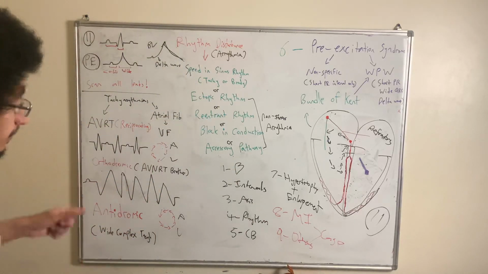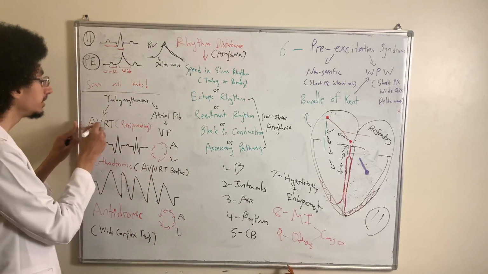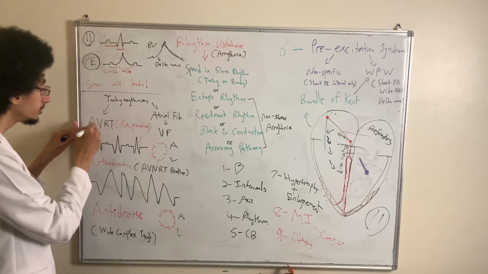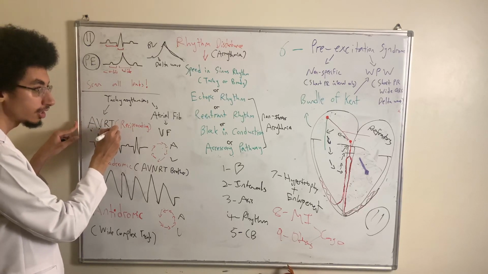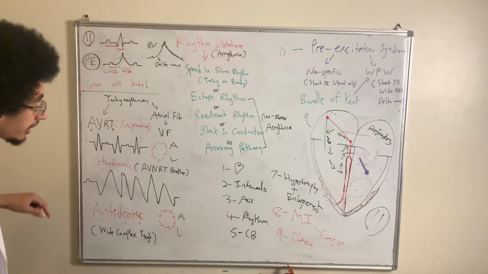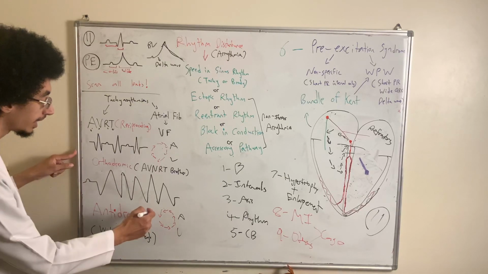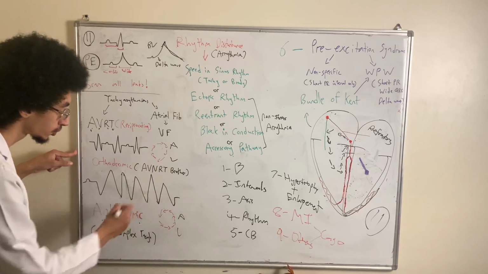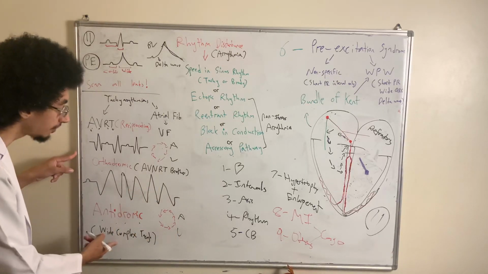So this will give us what? This will give us AVRT, atrioventricular reciprocating tachycardia, antidromic type. Antidromic, the opposite direction, similar to this. And this gives us a wide complex tachycardia.